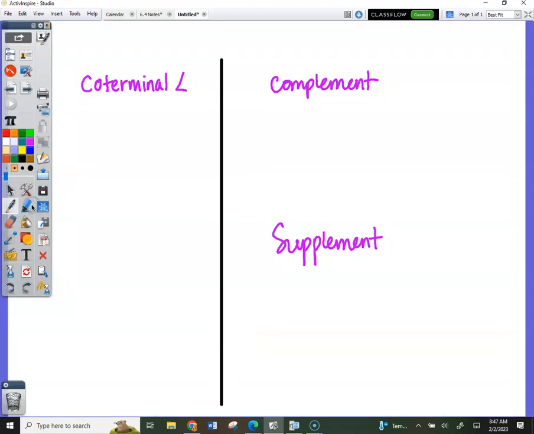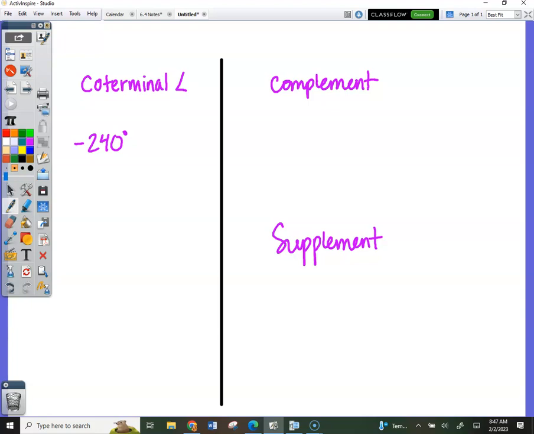There we go. Okay. If I say to you, find me a coterminal angle with negative 240 degrees. Coterminal means I need you to either add or subtract a full rotation to it, and then tell me what you get.